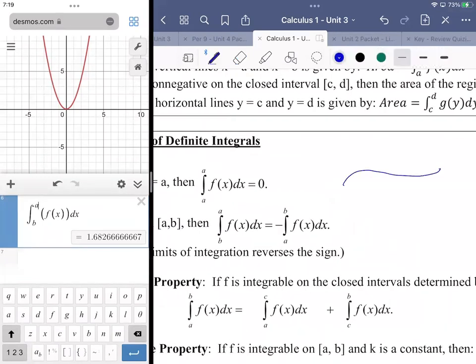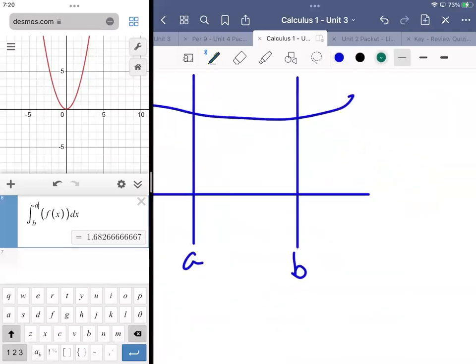Let's say you have an arbitrary function over an interval of a to b. So I'll say a is here, b is here. And over that interval, we have an arbitrary rectangle, just thinking along the lines of the Riemann sums.